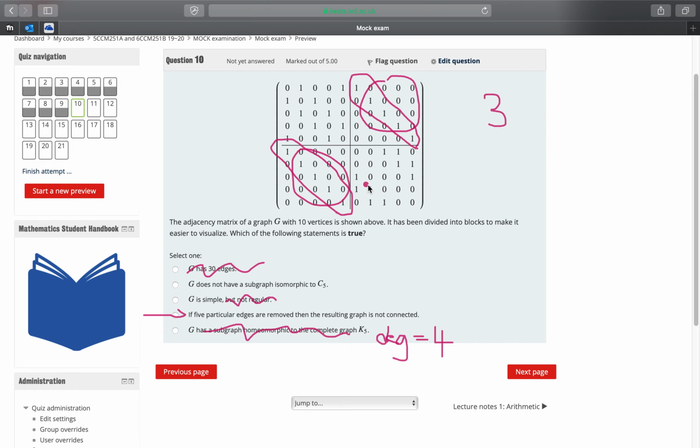And it turns out that these 2 components, if you look carefully at these blocks, each vertex has degree 2 here. So this actually corresponds to C. These blocks correspond to the 5 cycle. It's just that the vertices are taken in a different order. So vertex 1, if you look at this, there's an edge to vertex 2, and then from vertex 2 you also get to vertex 3.